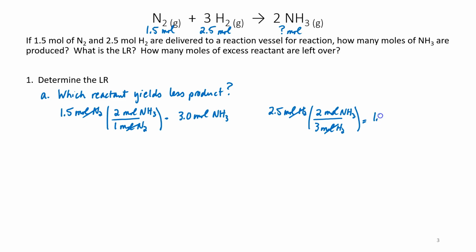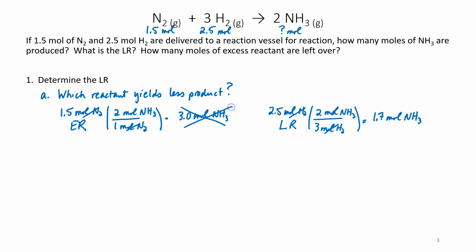So that's only 1.7 moles of ammonia. The reactant that yields less product, in this case it was hydrogen, is the limiting reactant. So hydrogen is the limiting reactant, nitrogen is the excess reactant.